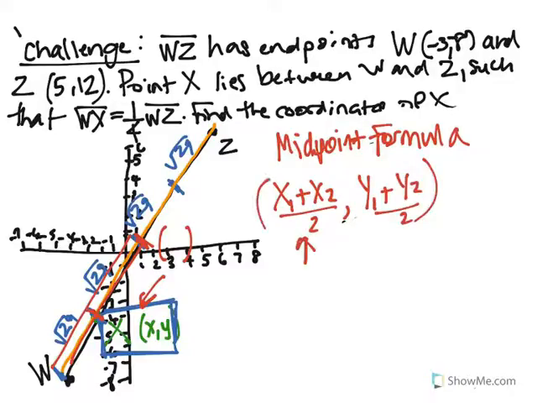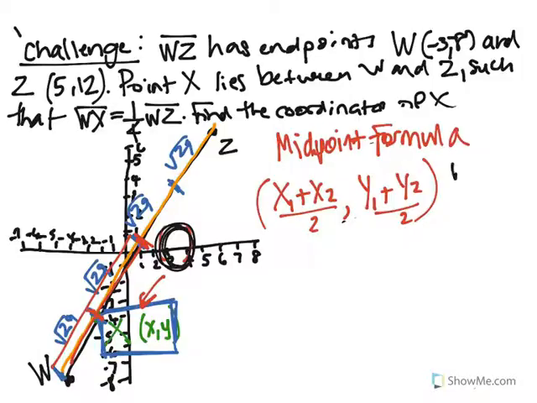And this will give you the x coordinate, and this will give you the y coordinate for a point that is halfway, in the middle of a line segment, okay? So I'm going to plug the two endpoints, W and Z, into the midpoint formula in order to find this coordinate, okay?